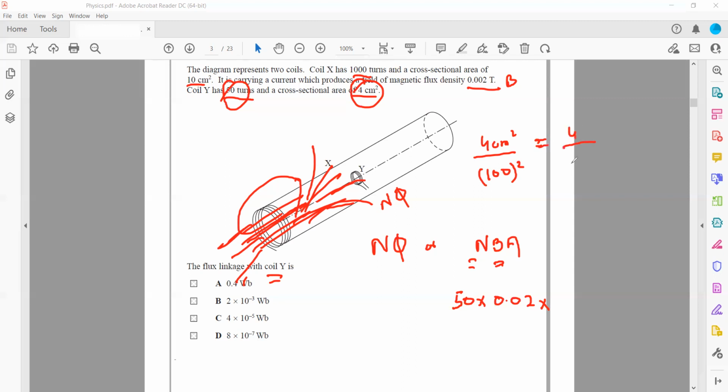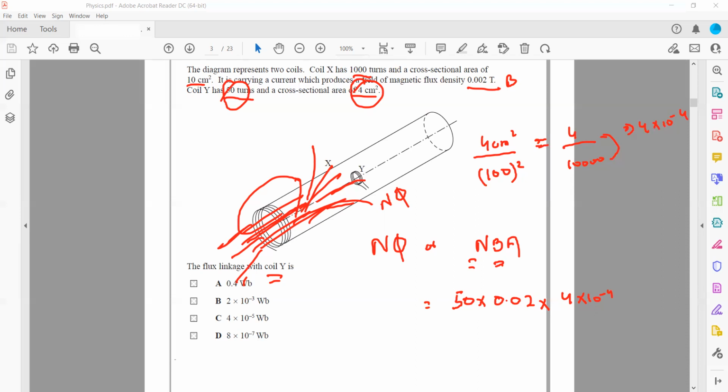That is 4 divided by 100 squared, or 4 divided by 10,000, which becomes 4 into 10 to the power minus 4. That's our area. So 50 times 0.02 times 4 into 10 to the power minus 4.